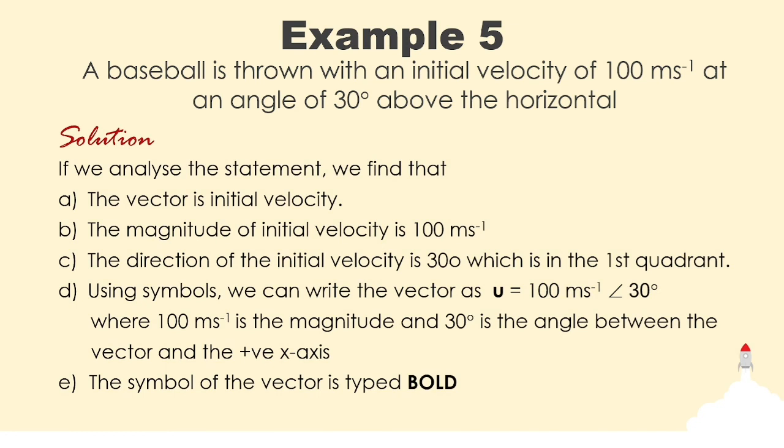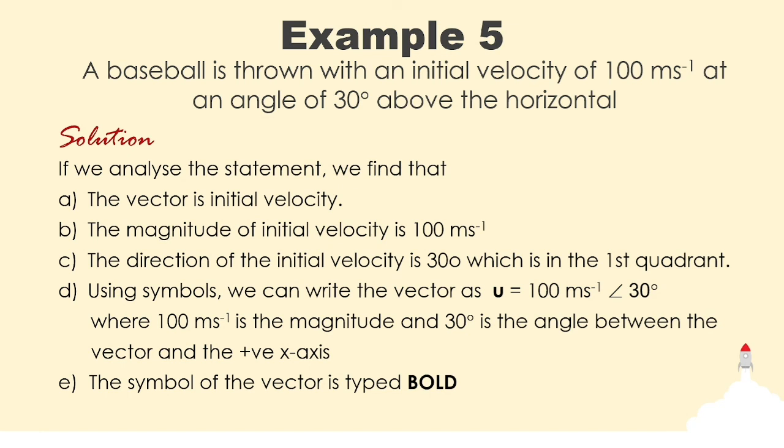If we analyze the statement, we find that the initial velocity vector has a magnitude of 100 meters per second. The direction of the initial velocity is 30 degrees above the positive x-axis, which is in the first quadrant.